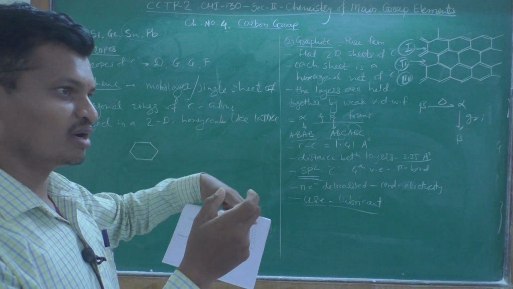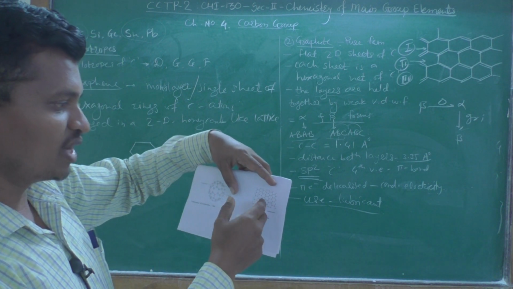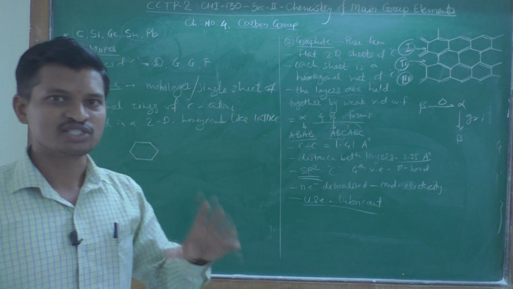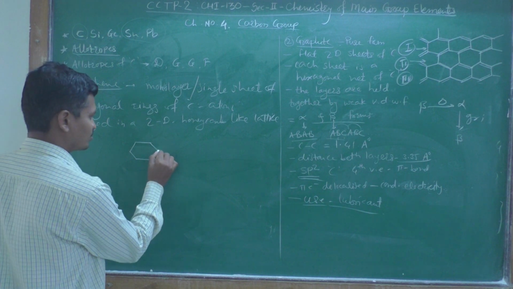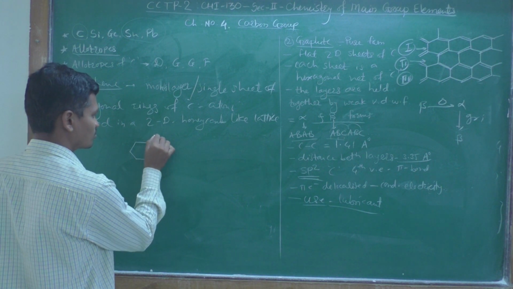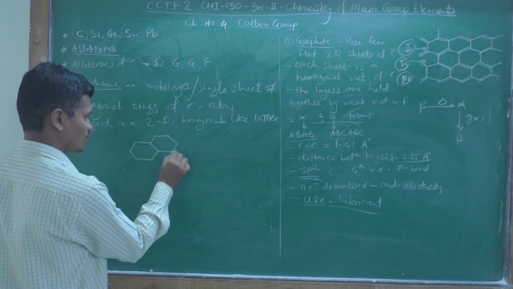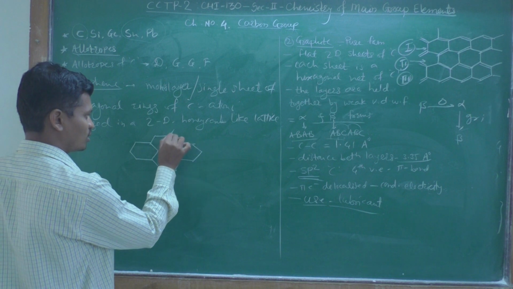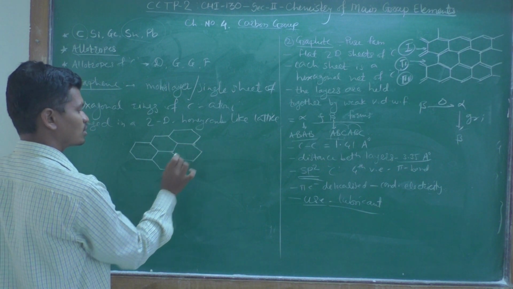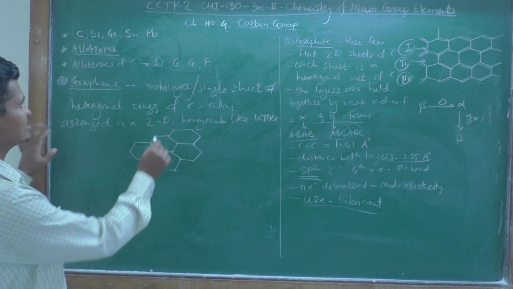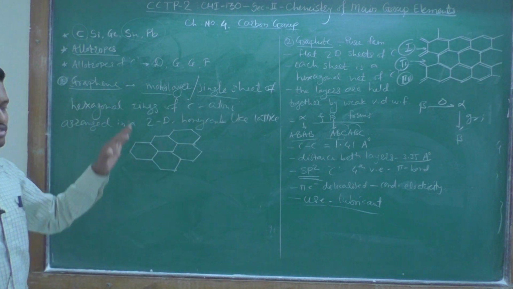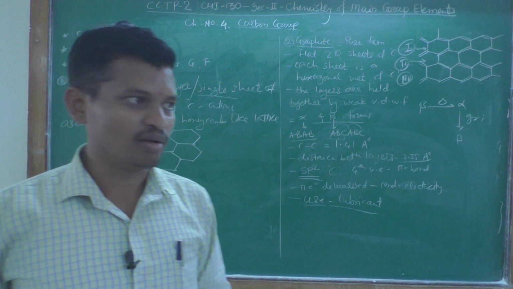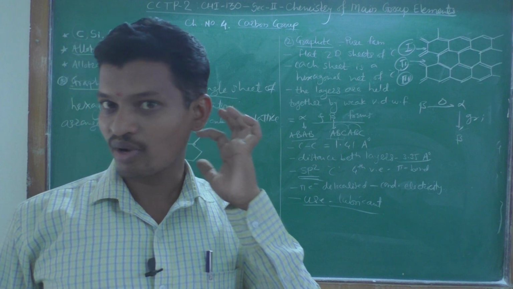Honeycomb means beehive. This pattern is repeating throughout. This is the sheet, a monolayer or single layer of carbon atoms, forming hexagonal rings, and all these rings are made up of carbon atoms.